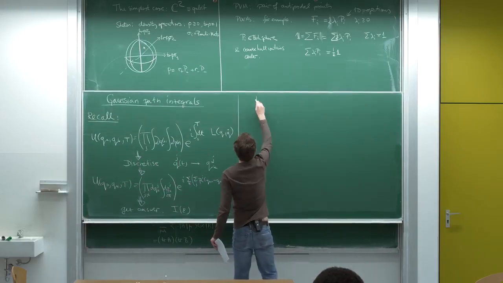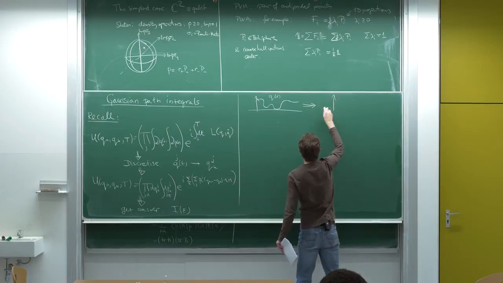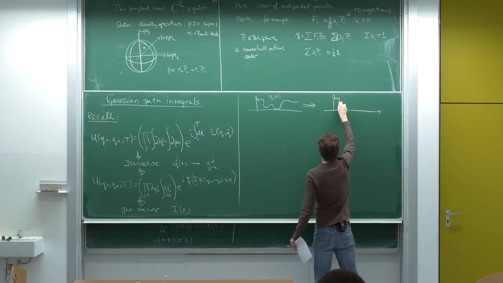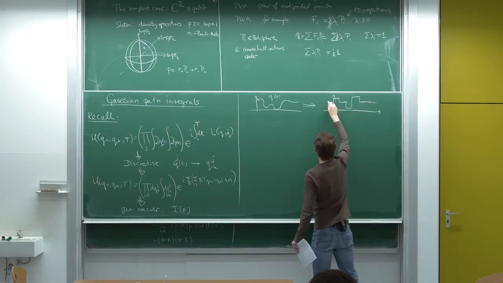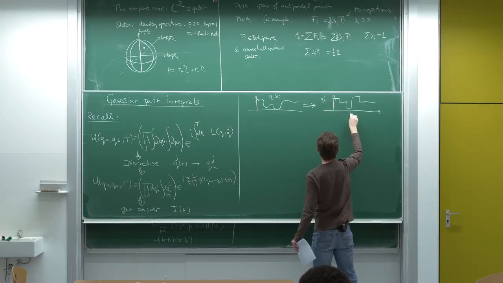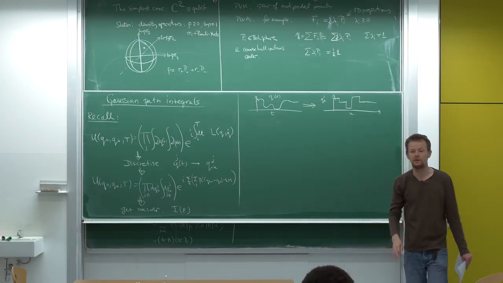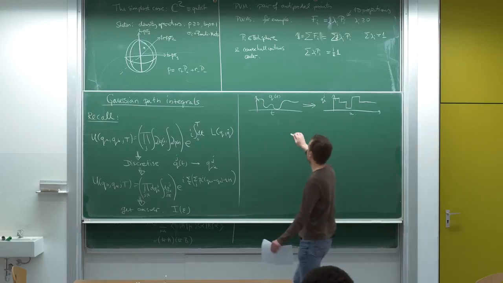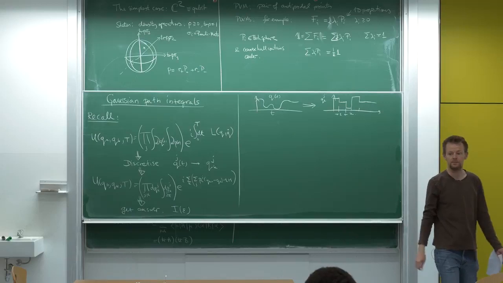So like this, you've taken some continuous path and replaced it with some bar graph like this, where the width of these bars is epsilon.